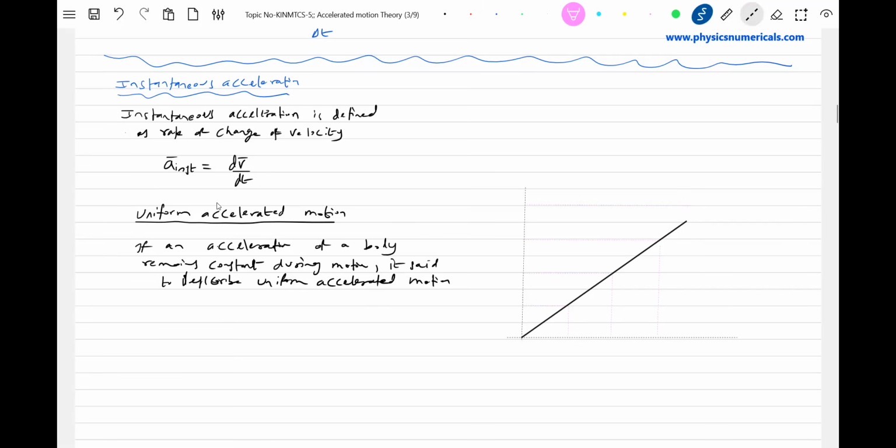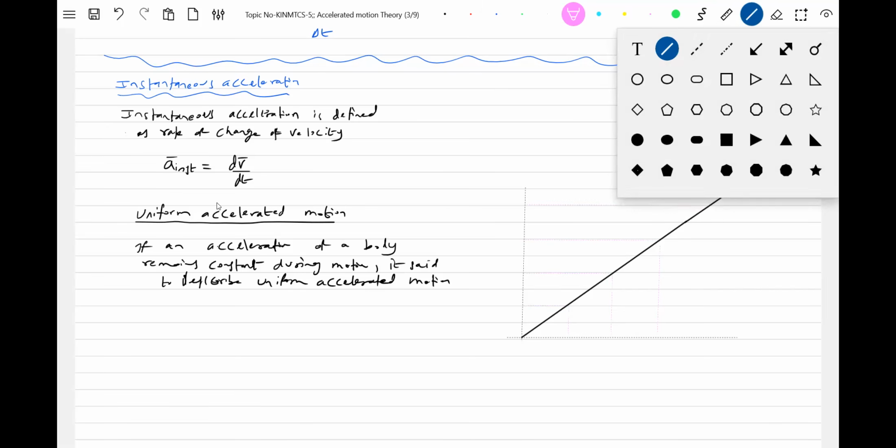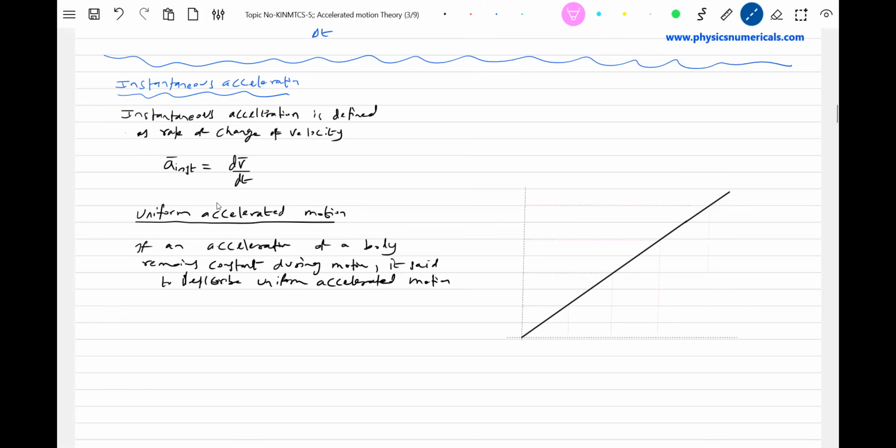I have to extend this black curve further, a straight line. Okay, so this is the time axis. This is the velocity axis.